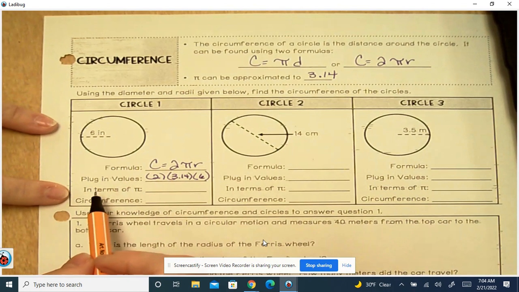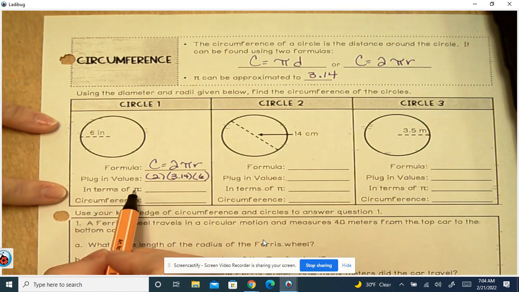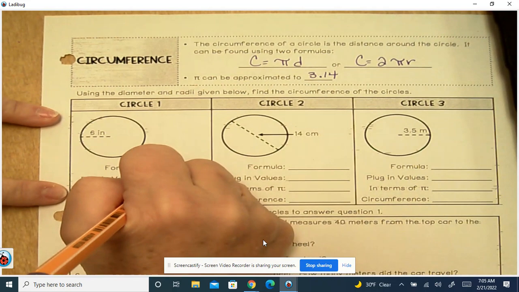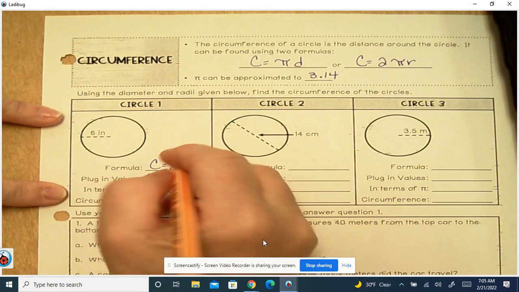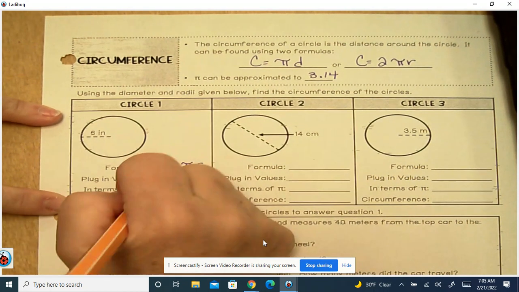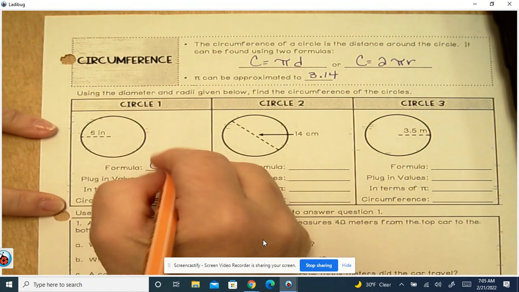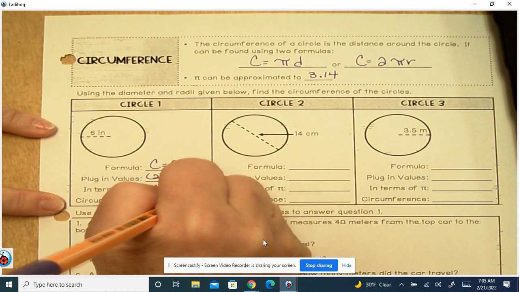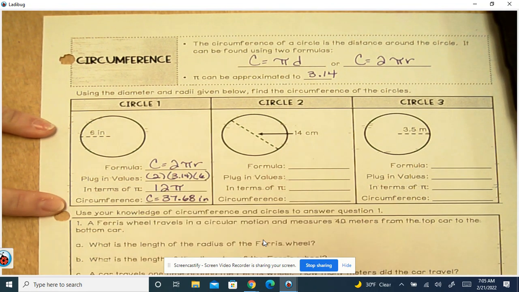If a question says in terms of pi, you would multiply 6 times 2, which is 12, and then put pi in place of 3.14, so 12 pi. If we multiply 12 times 3.14, for our circumference we get 37.68 inches.